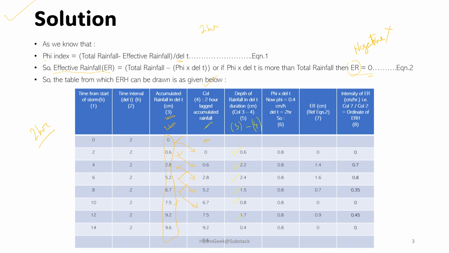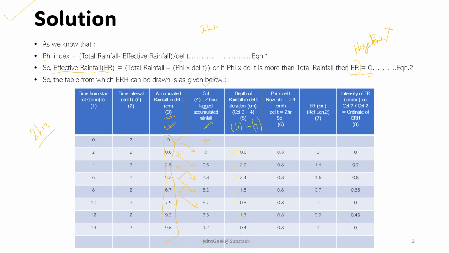Because you can see that 0.6 plus 2.2 is 2.8. Originally after 2 hours there was a rainfall of 0.6, and after 4 hours there was a rainfall of 2.2. But as we are showing a mass curve of the hyetograph, we are showing 0, 0.6, 2.8, 5.2 and so on, their accumulated rainfall in delta T hours.